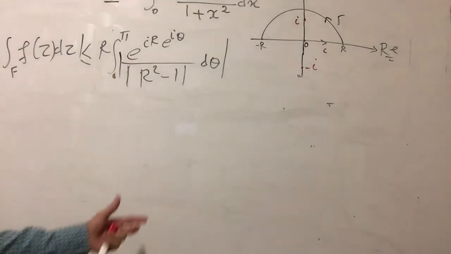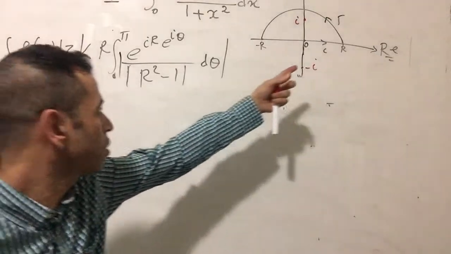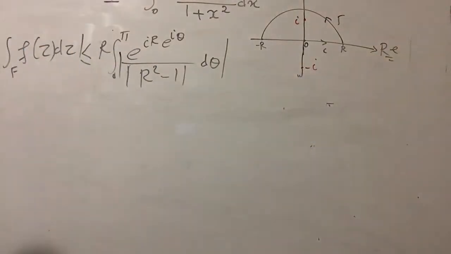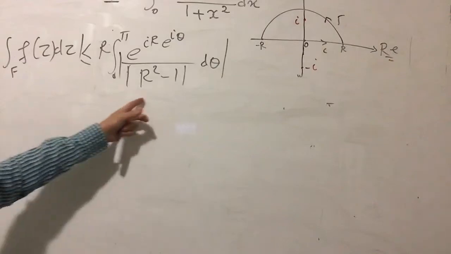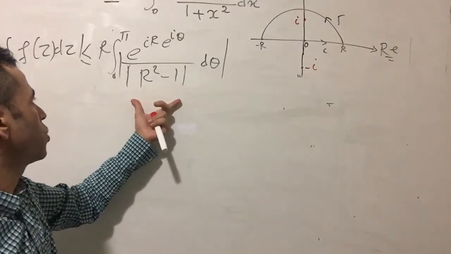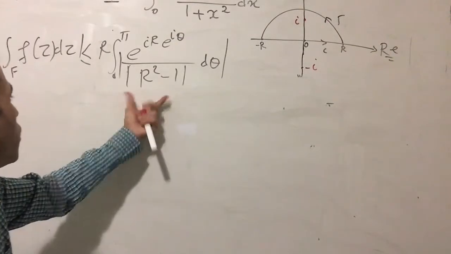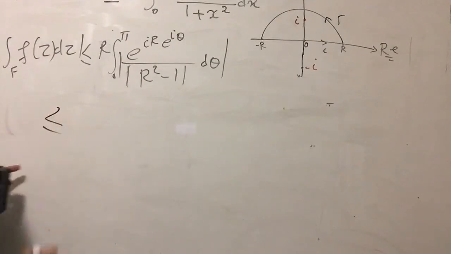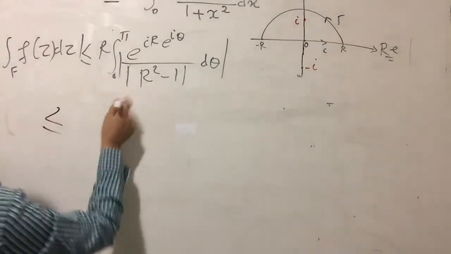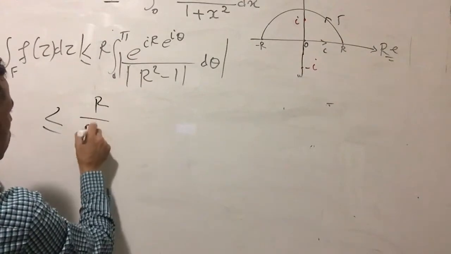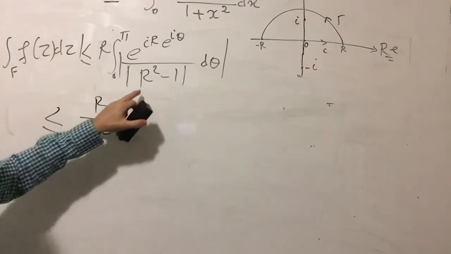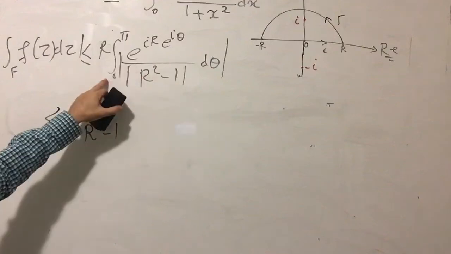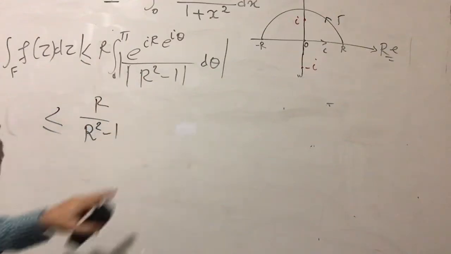Okay, so in the last board I was working on the gamma integral and came up with this result. Since r is going to infinity, I'm going to take off the absolute value from the denominator. So I will have this term is inferior or equal to r over r square minus 1, because I took r square minus 1 outside of this integral, as it's considered a constant.